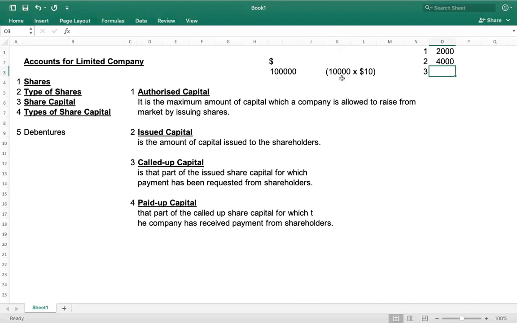Maximum limit I decided 10,000 initially. But later on I found that this 10,000 is not sufficient. I need to issue more shares. According to this, I can issue in the third year only 4,000, right? To reach the limit. But then I found that it is not sufficient. I need to issue more.